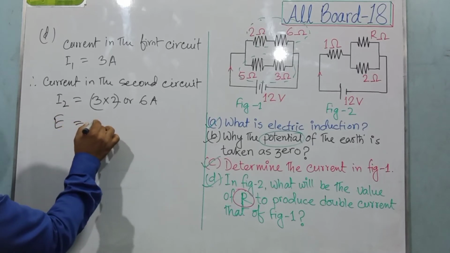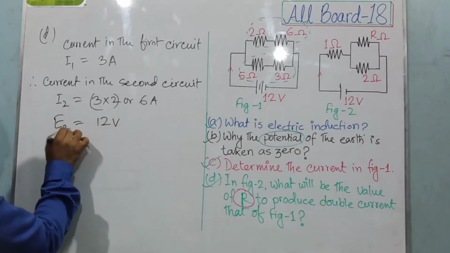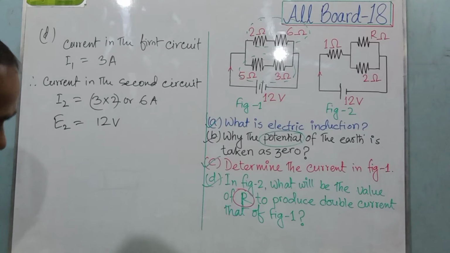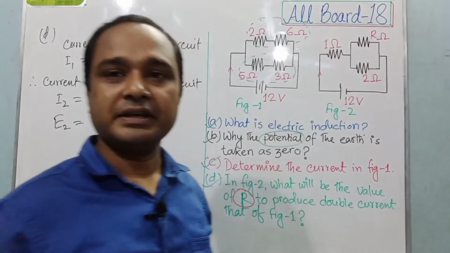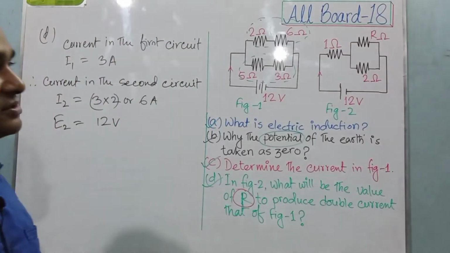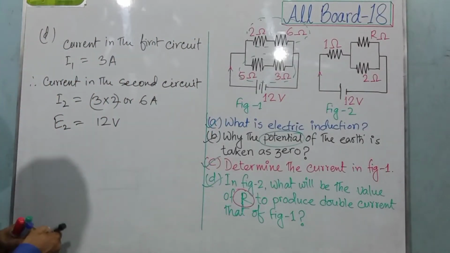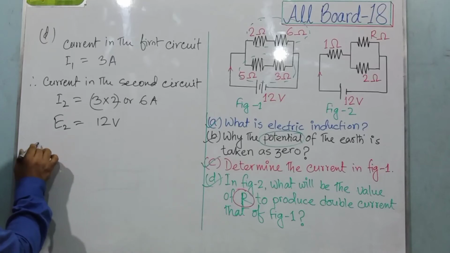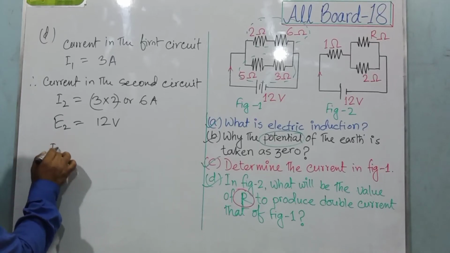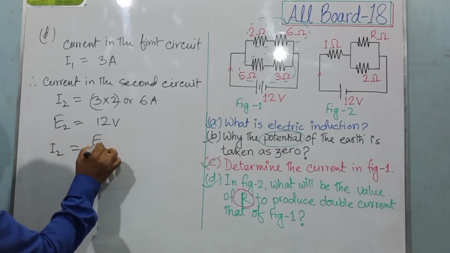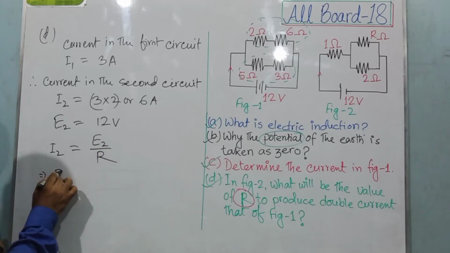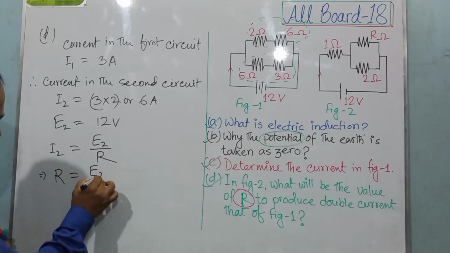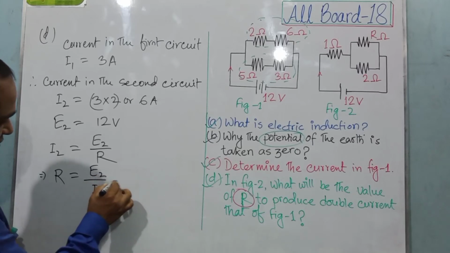E, if denoted by E2, is equal to 12 volt. So to produce 6 ampere current, the required resistance in the circuit, if the total resistance in the second circuit is denoted by R, we can write that I2 is equal to E2 divided by R, or R is equal to E2 divided by I2.